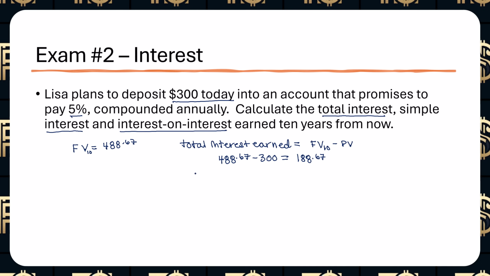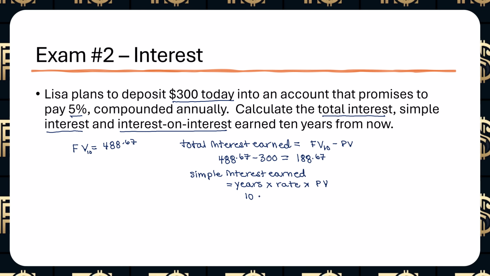Next, we'll calculate the total simple interest that was earned on the account. Now, recall the total simple interest earned is equal to the number of years times the annual rate times the original deposit or present value.